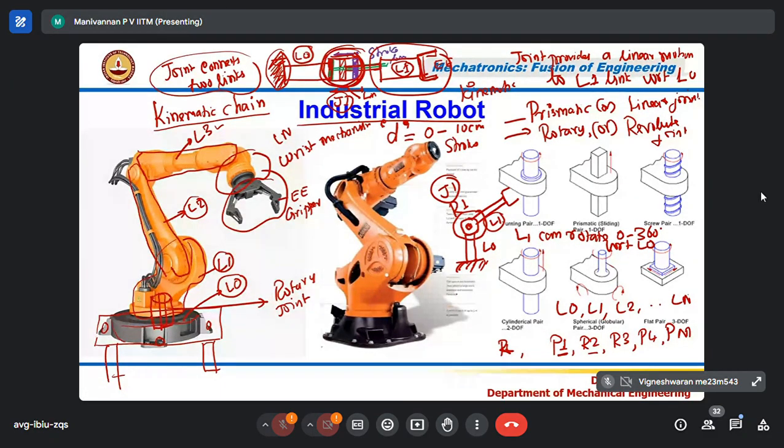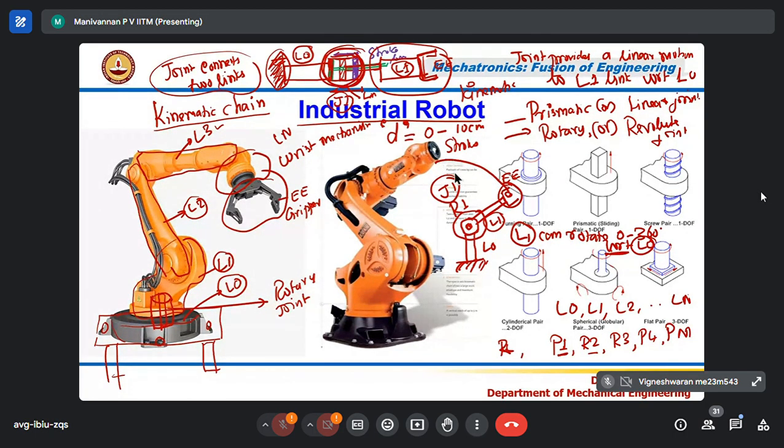Again, with respect to means relative motion: L1 rotates with respect to L0 by any number of degrees. What are you achieving by doing this? The end effector is attached to L1. Suppose you attach a tool here, the tool can move.